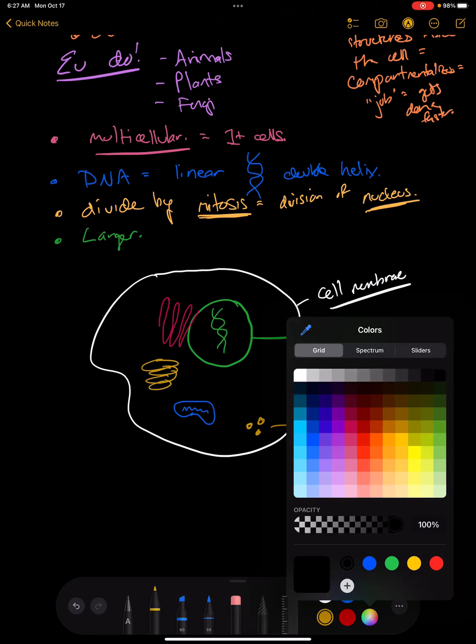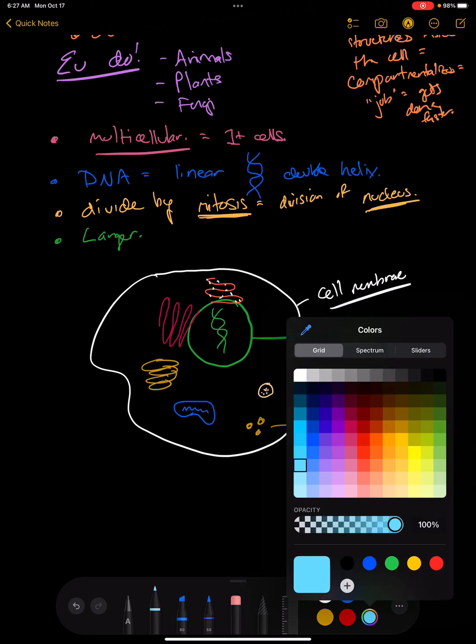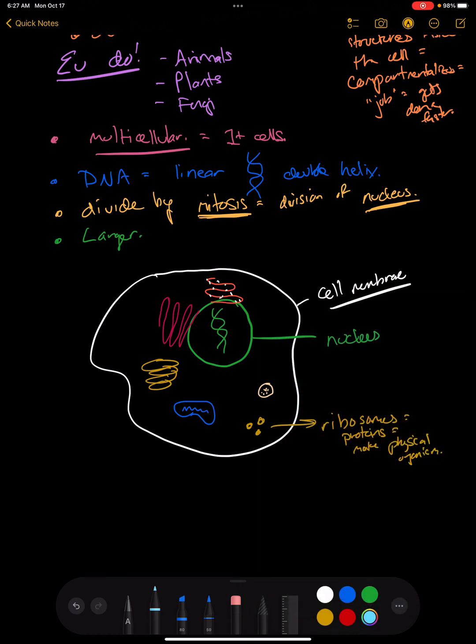And then I have another structure that's just kind of a circle, with some stuff inside. I have another structure on this side that has a bunch of dots on it. And so all of those right there, we're not going to talk about specific names right now because that's another video, but these, as a collective, are our organelles.